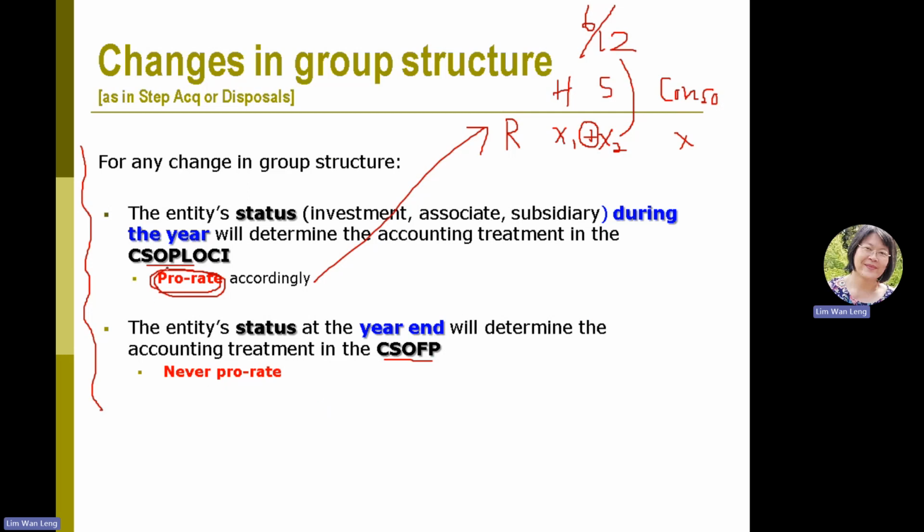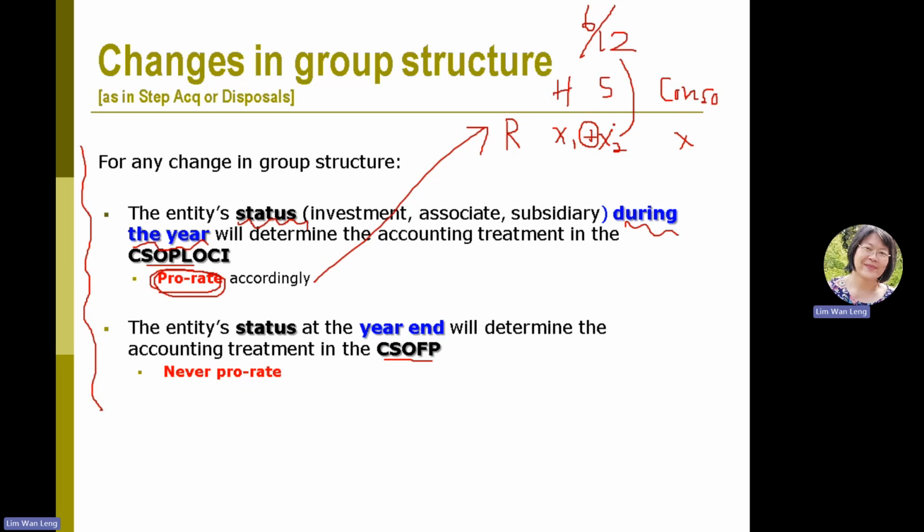Okay, so again, we emphasize again, when you prepare console SOPL, you look at the status of the investee during the year. So it could be like partway through the year, it could be the whole year. If it's the whole year, you just add across. If it's partway through the year, first 6 months a subsidiary, after the disposal, they become an associate. So associate is equity accounted.